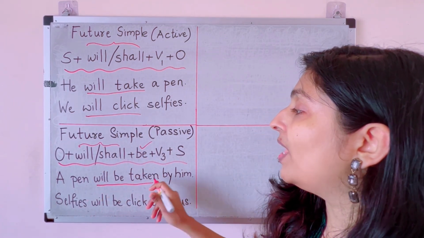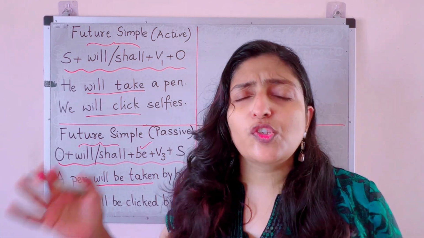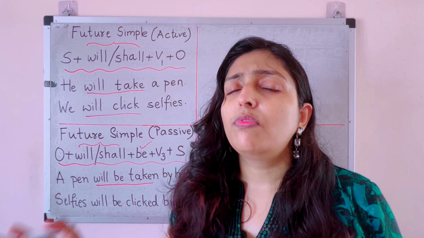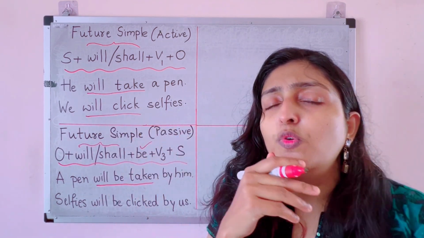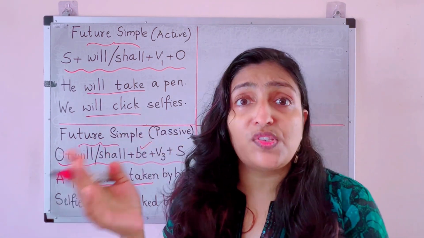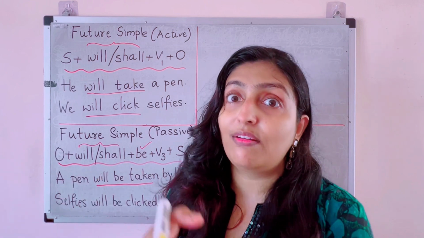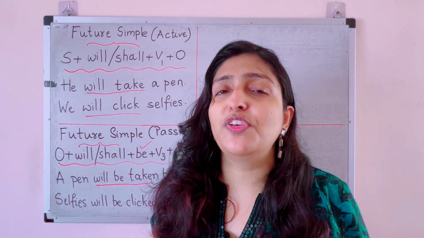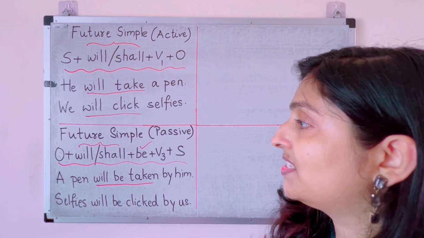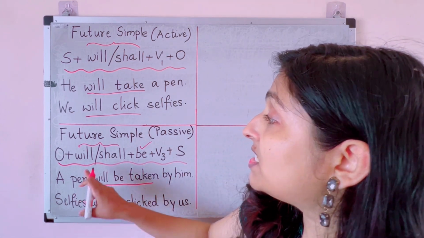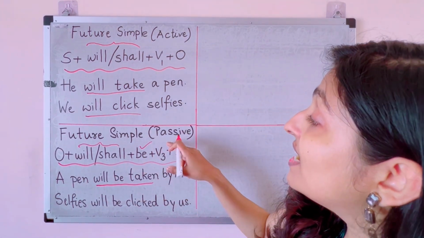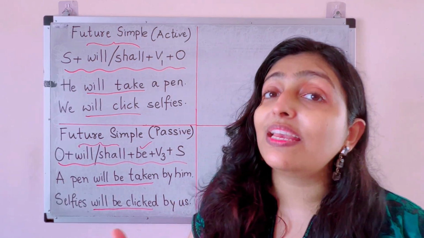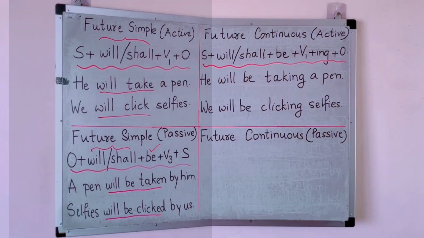The verb is will be taken. This is one of the easiest, I guess, because there is no confusion of using was or were, has or have, are or were, is or are. You only need to use will, and that makes future tense the easiest and simplest. Selfies will be clicked by us.